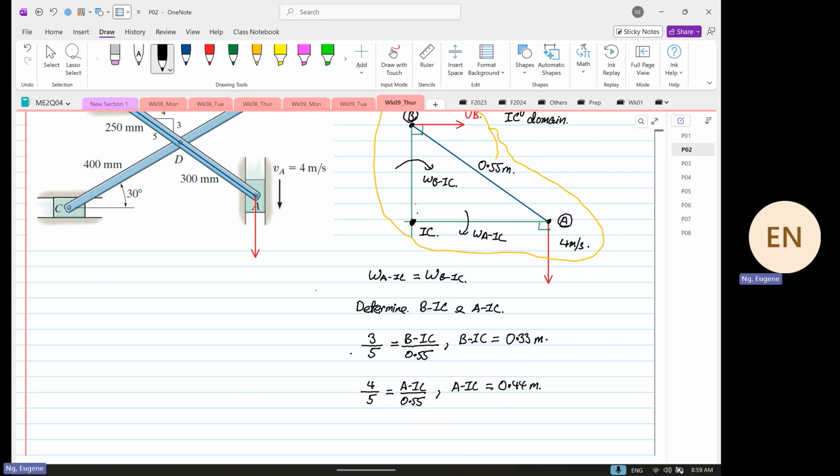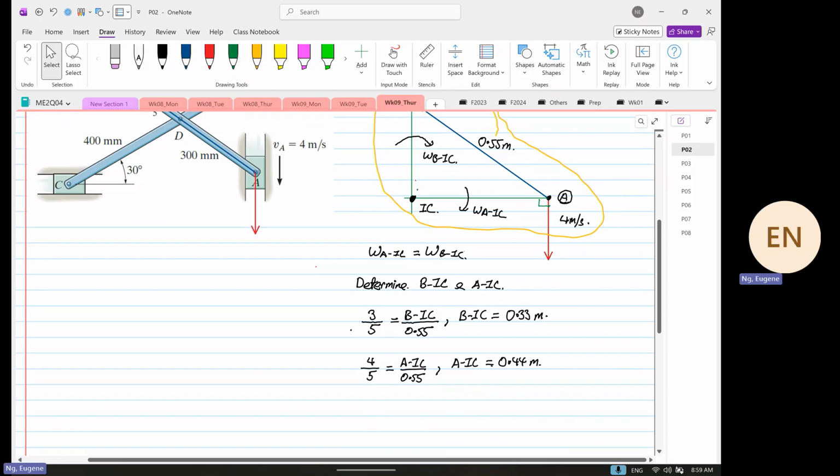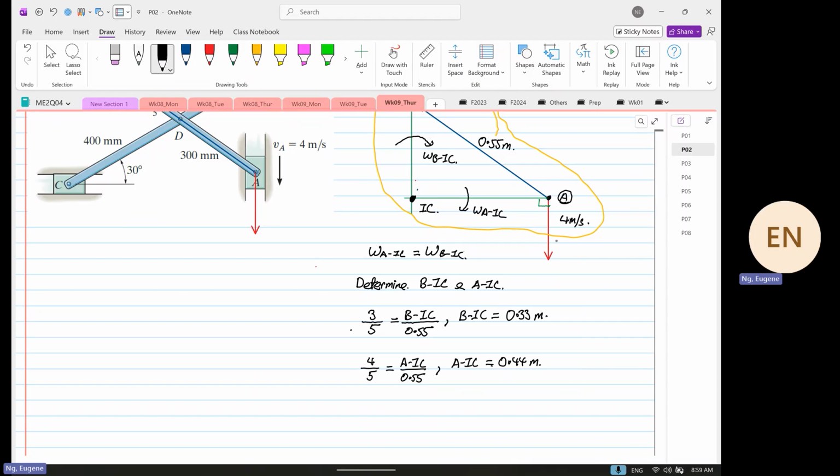So from here, we know that VA will be equal to omega AIC multiplied by the distance AIC.